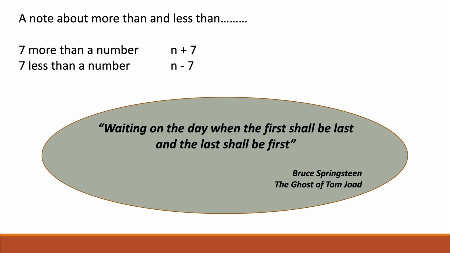So 7 more than a number is n plus 7, and 7 less than a number is n minus 7. Why? Because the last shall be first. So it says more than a number, the number shall be first. And the first 7 shall be last. Same on the second one, 7 less than a number. The last number, n, has to be first. 7 first shall be last.